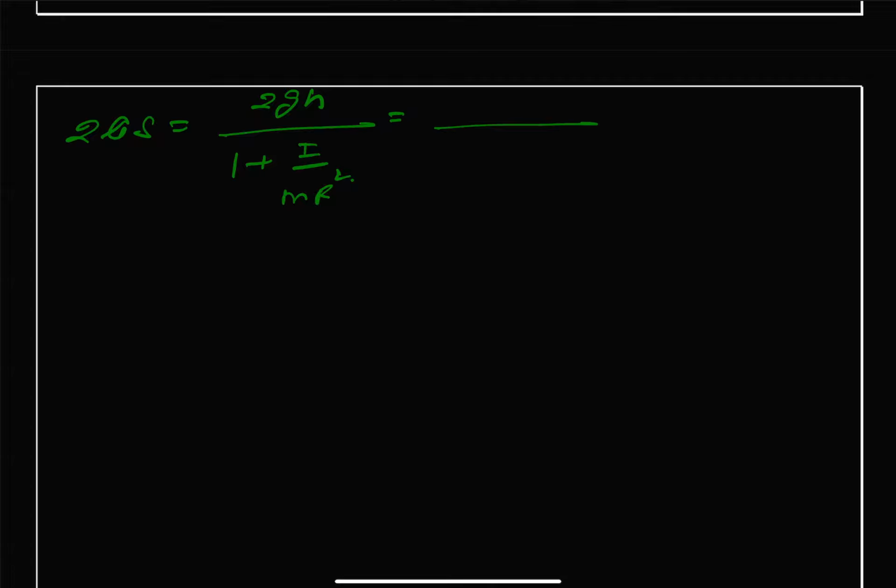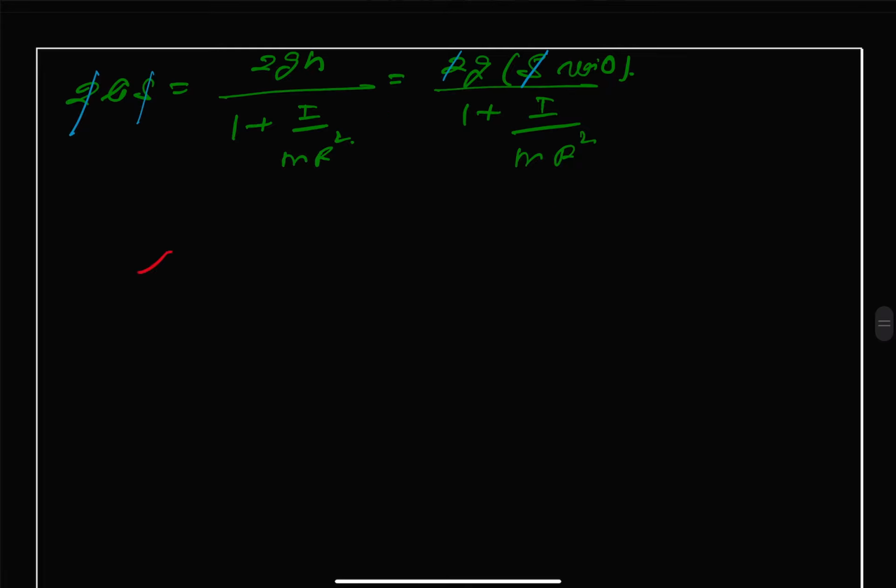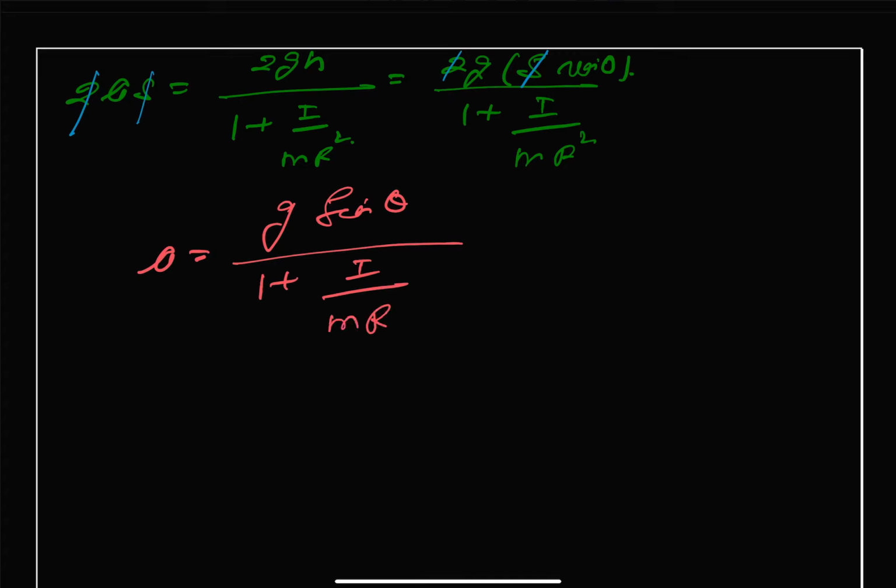So we can write 2g s sine theta divided by (1 plus I upon mr square), and here 2 and 2, s and s go away, so we get our acceleration a equal to g sine theta divided by (1 plus I upon mr square).